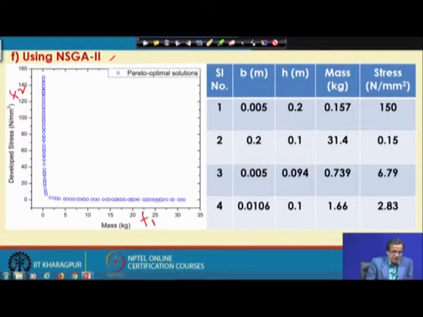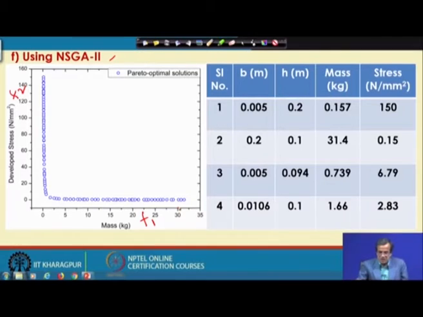Now, on this Pareto optimal front of solution, we have got a number of possible optimal solutions. The user can select any one out of these large number of solutions lying on the Pareto optimal front according to his choice.